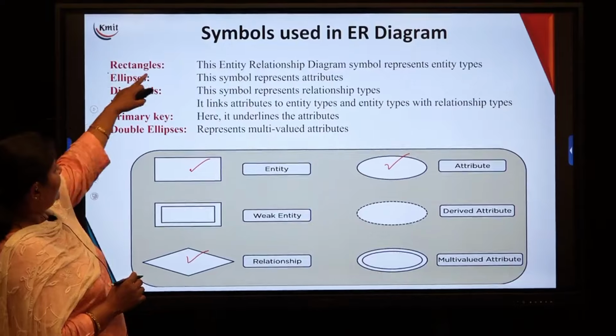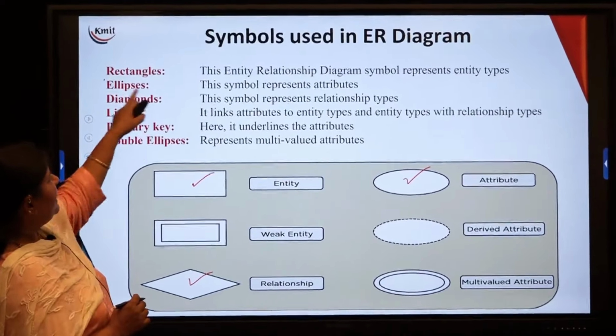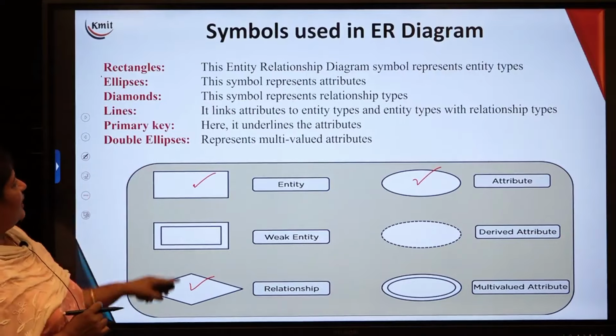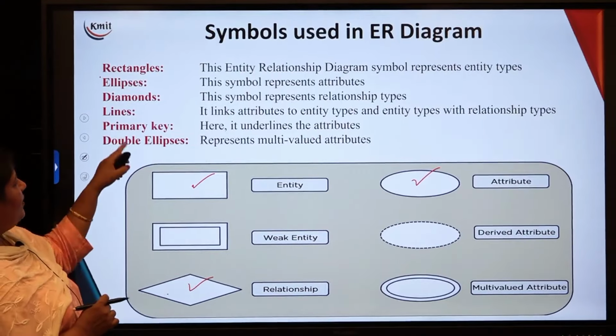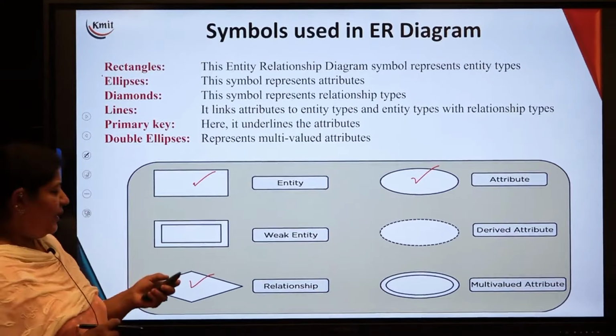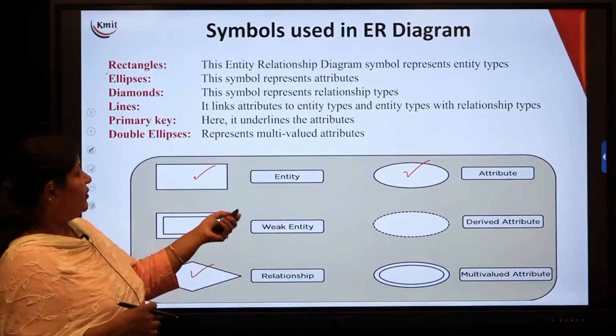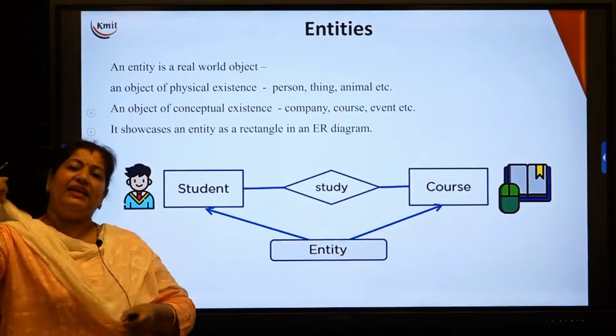So, we have rectangles to represent the entity, ellipses for the attributes, diamonds or rhombus for the relationship, lines to connect them, then primary key, double ellipse, double rectangle, all these things representing different types. So, let us get into entities.